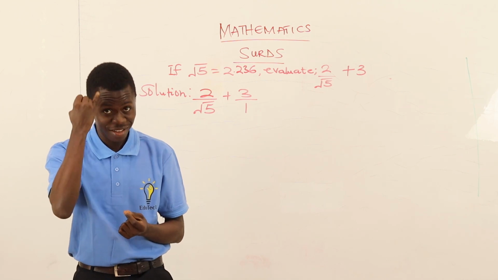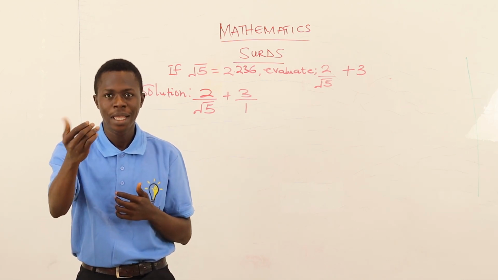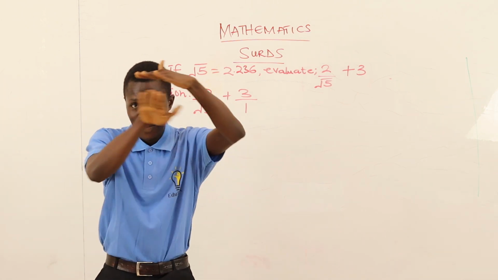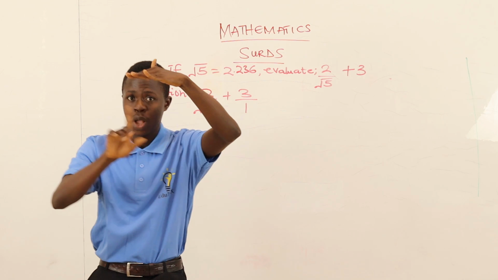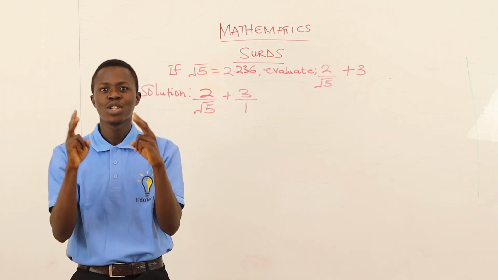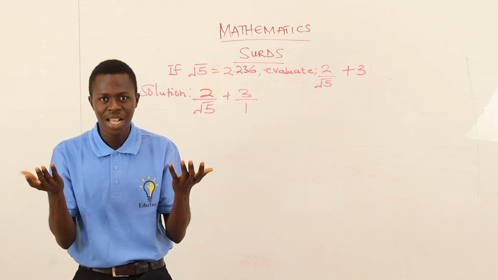So what do we do with them? Yes. So we multiply them. We multiply square root of 5 by 1 to get our LCM.